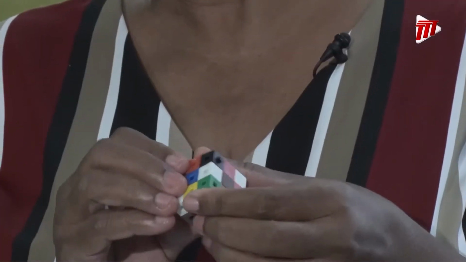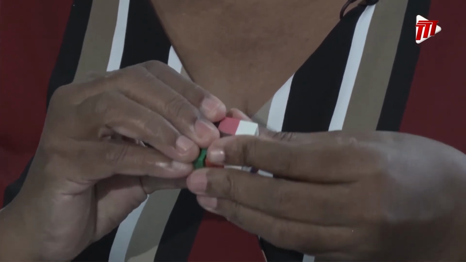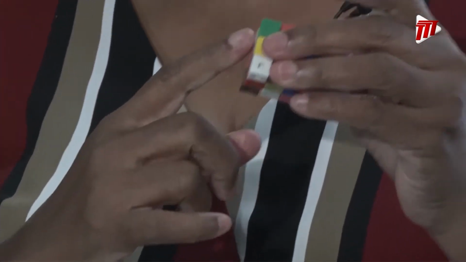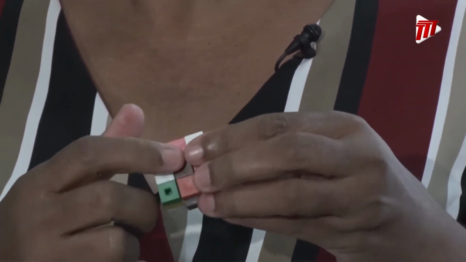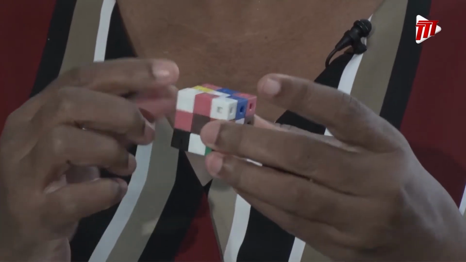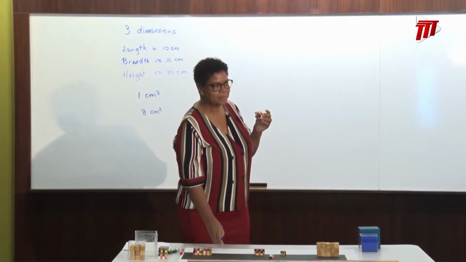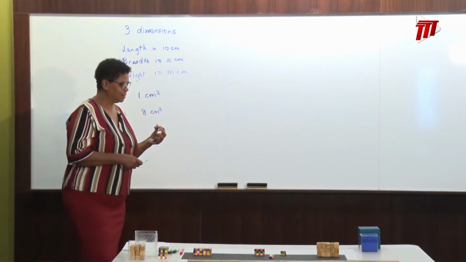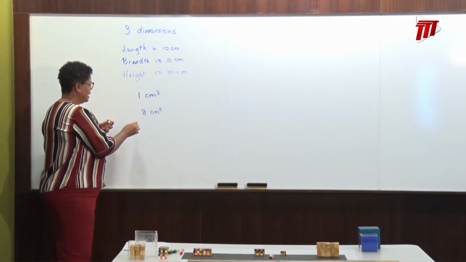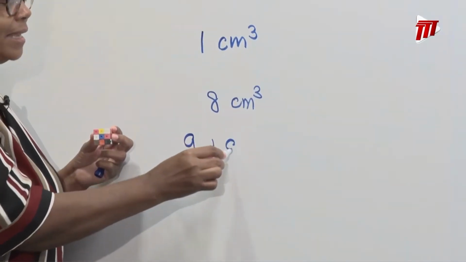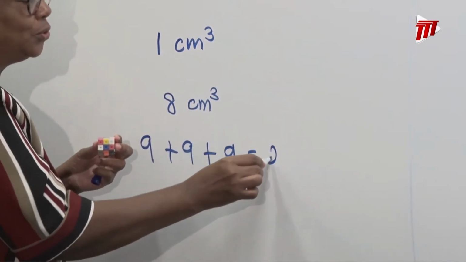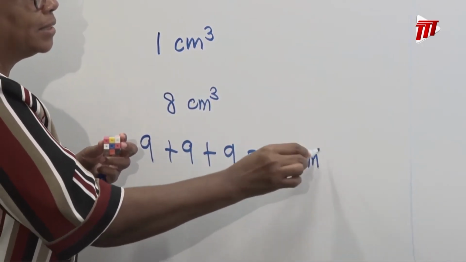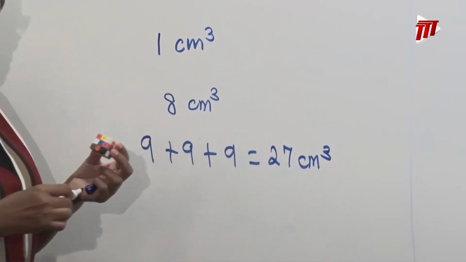So at the bottom layer, we have 9 cubes. In the middle layer, we have 9 cubes. And on the top layer, we also have 9 cubes. So that is 9 plus 9 plus 9 is equal to 27 cubic centimeters.